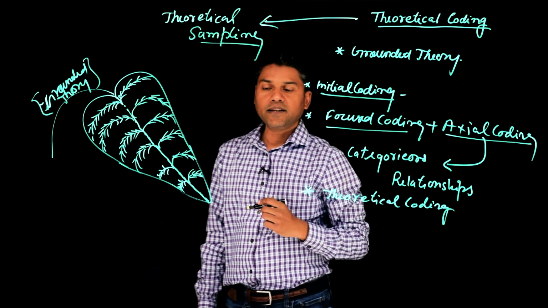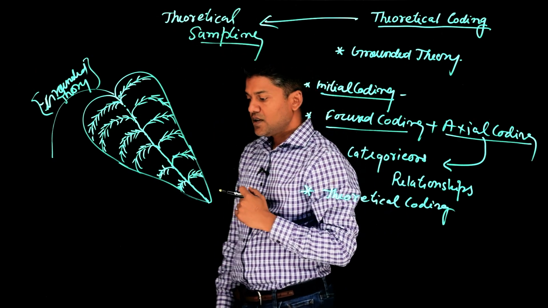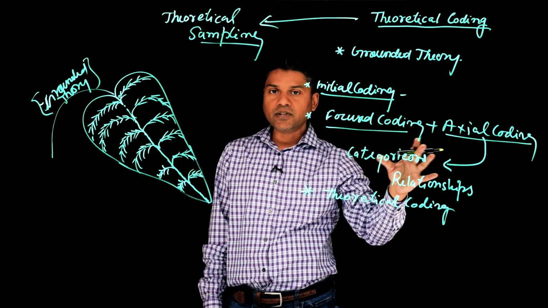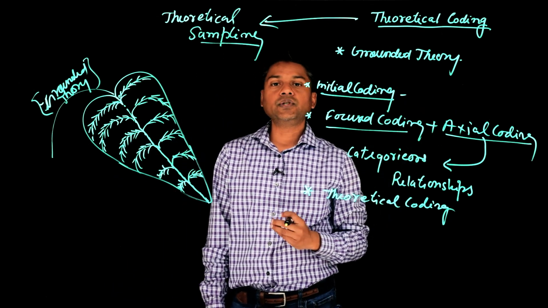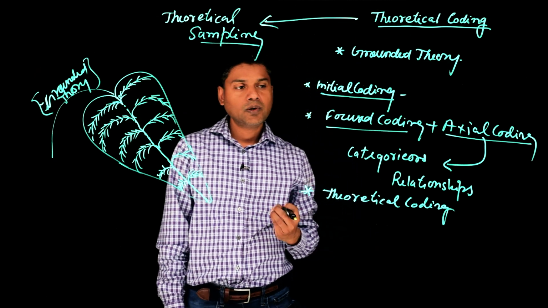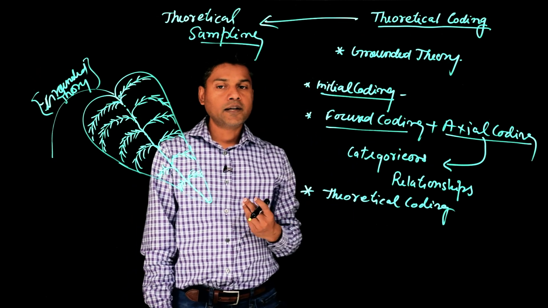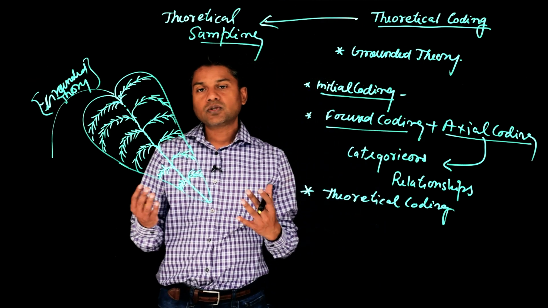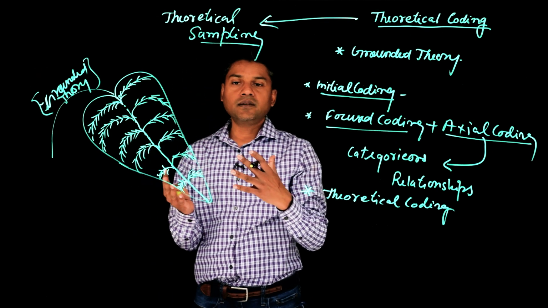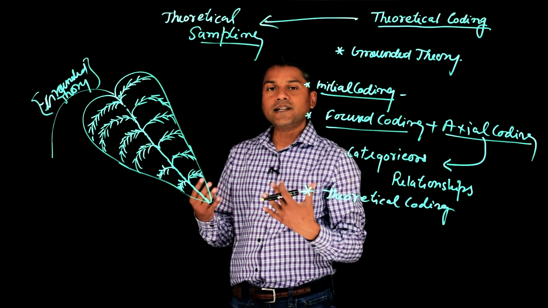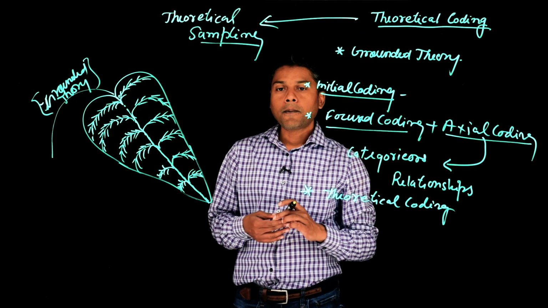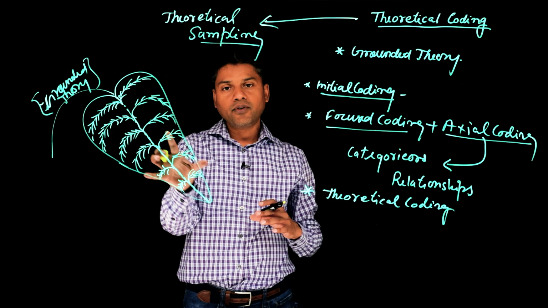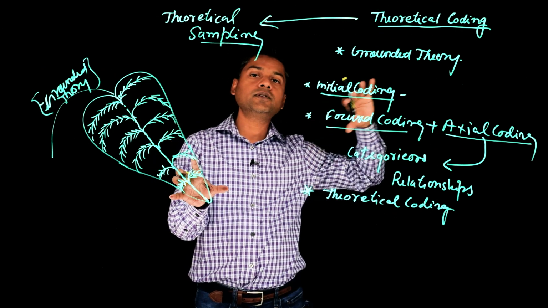What is theoretical sampling? Let's say I did some interviews, I coded those interviews, and then I analyzed the data and came up with my categories. So based on the initial data, I developed tentative categories and also the relationships between those categories. So I have tentative categories and codes and a sort of tentative theory. Now, based on these various categories, I need to refine them further. So I do further sampling.